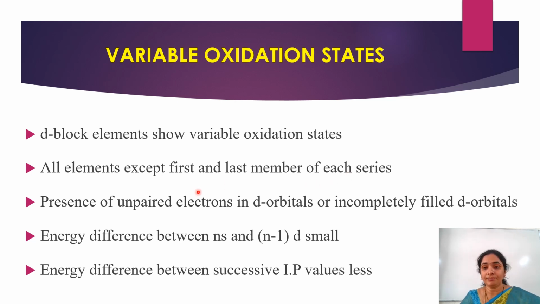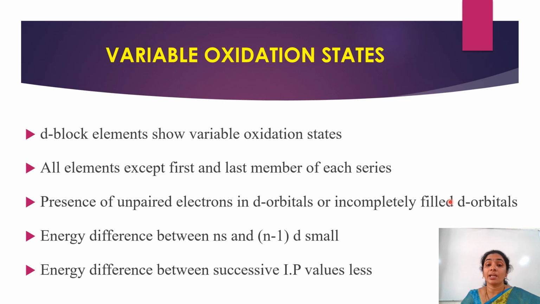Next comes the question, why do d block elements show variable oxidation states? It is due to the presence of unpaired electrons in the d orbitals, or incompletely filled d orbitals.